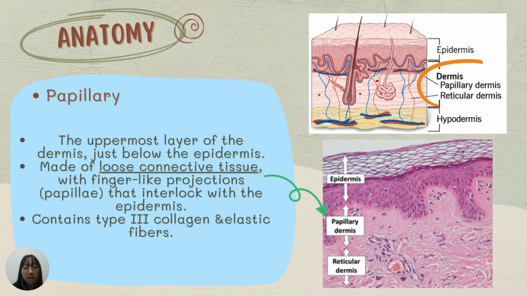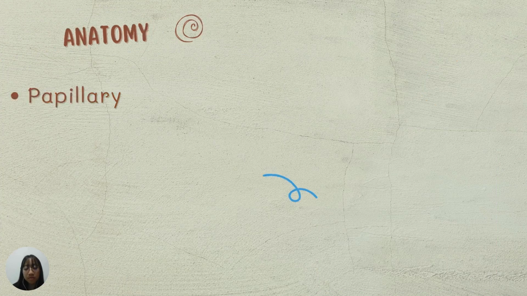So the first layer of the dermis would be the papillary dermis. It is the uppermost layer of the dermis, just below the epidermis, and it is made of loose connective tissues with finger-like projections, also known as papillae, and it contains type 3 collagen and elastic fibers.